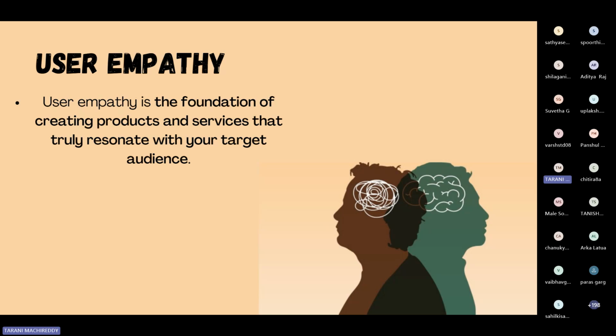The base of it is that in user experience design we actively listen and observe the users, engaging with their stories and getting feedback from them, and then we create a solution that truly resonates with them. So that's what user empathy generally means.